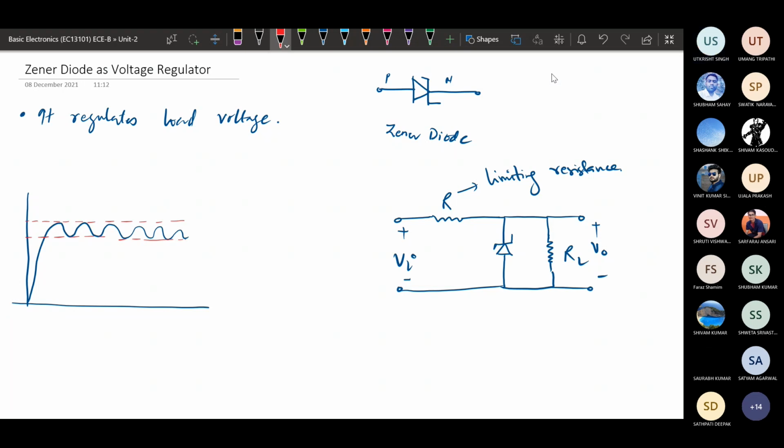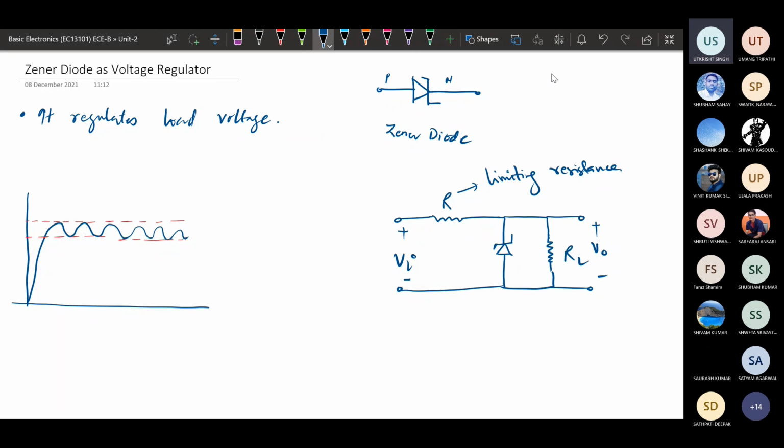So this is the output of the filter circuit. So we need to compensate, or we need to stabilize this output to have a DC output. Okay, so that means we need to have a regulation. So that's why we will be using a regulator circuit.